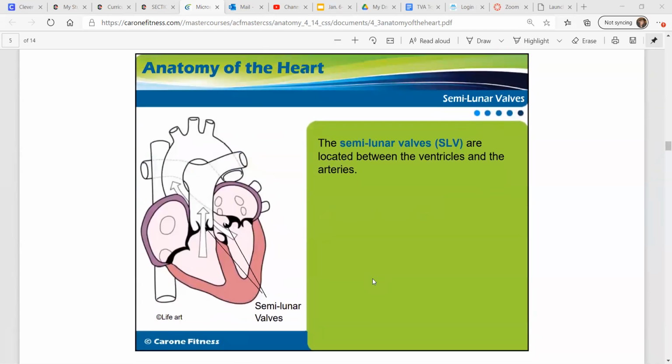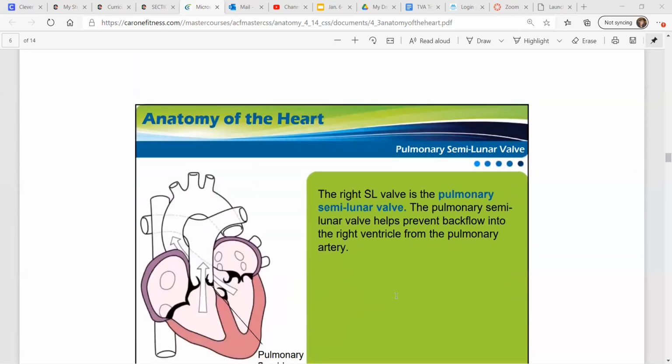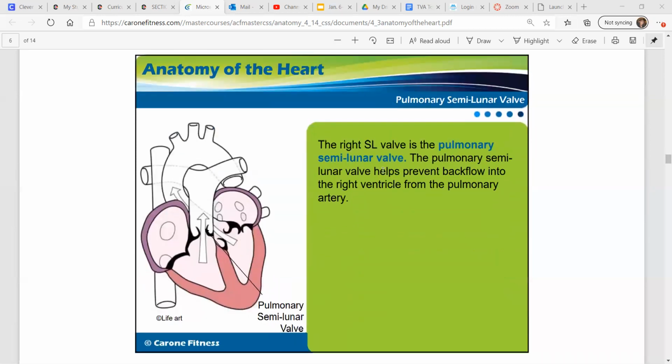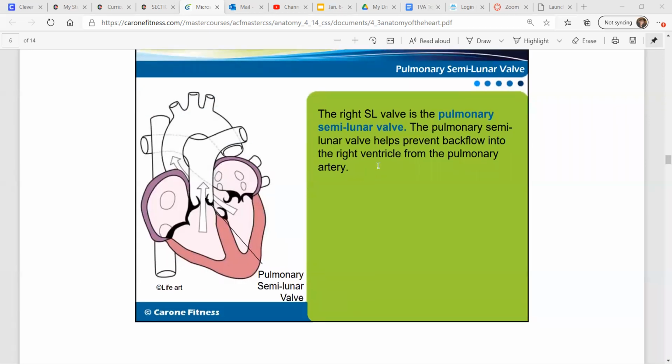Then we have semilunar valves, or SLV. Those are located between the ventricles and the arteries. The right SLV is the pulmonary semilunar valve. And the pulmonary SLV helps prevent backflow into the right ventricle from the pulmonary artery.